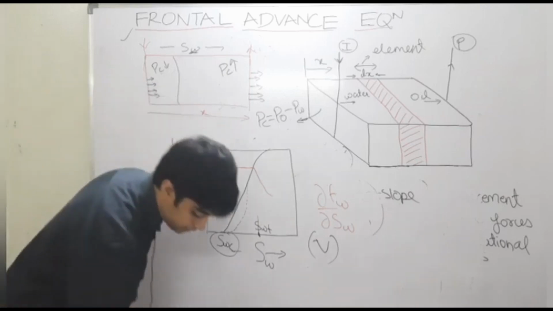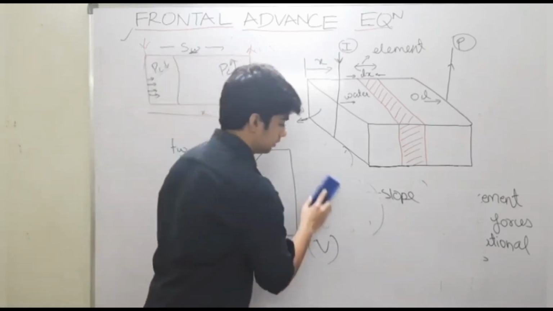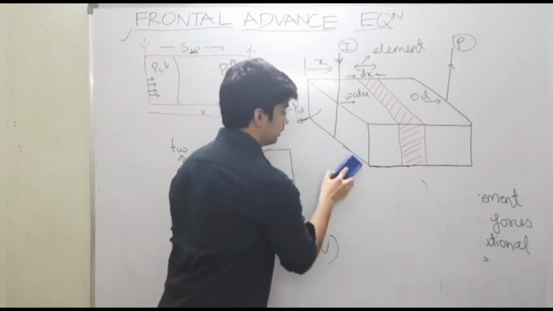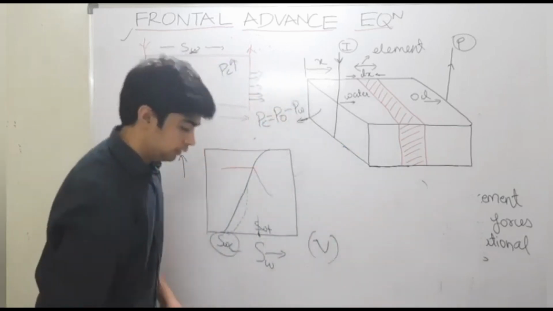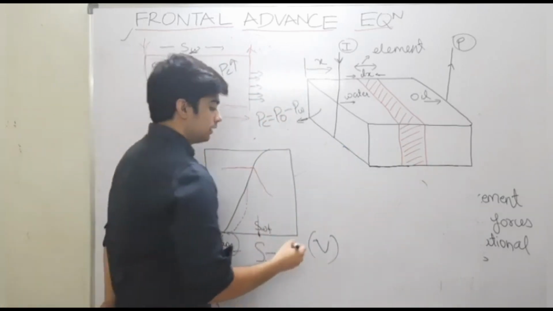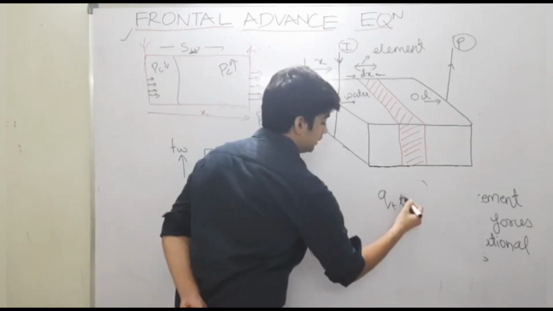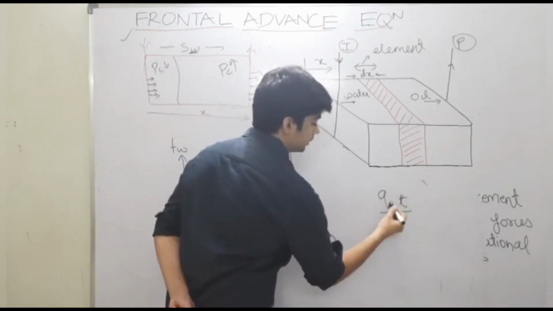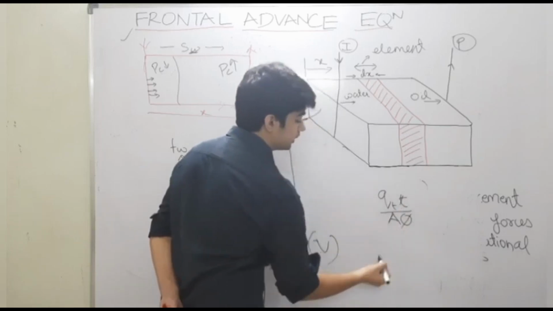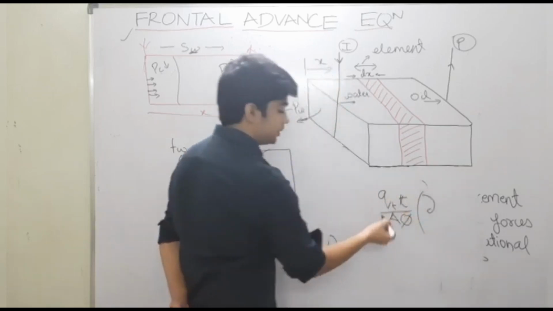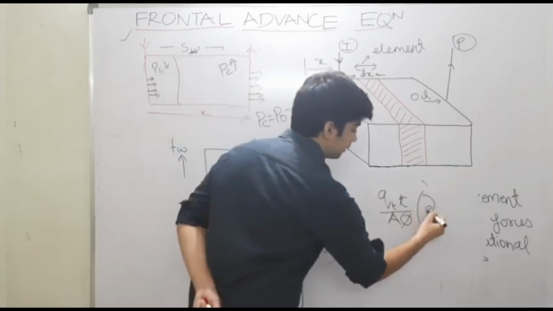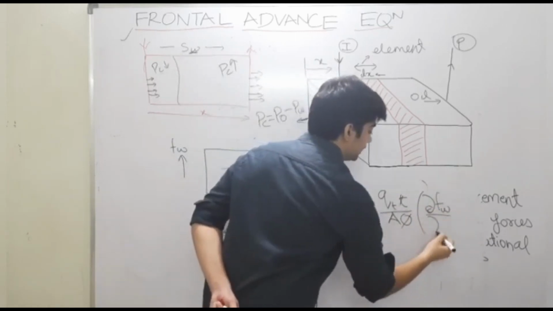Not only the velocity, but the variation of x will also remain the same, given that all these conditions remain constant, such as QT, A, and porosity. The only thing which changes is the slope.